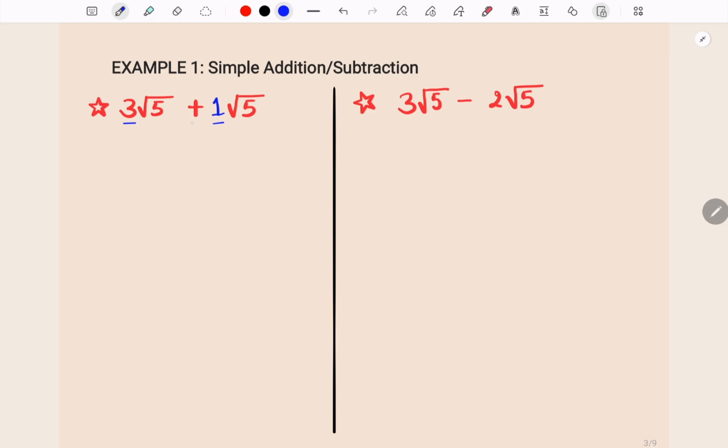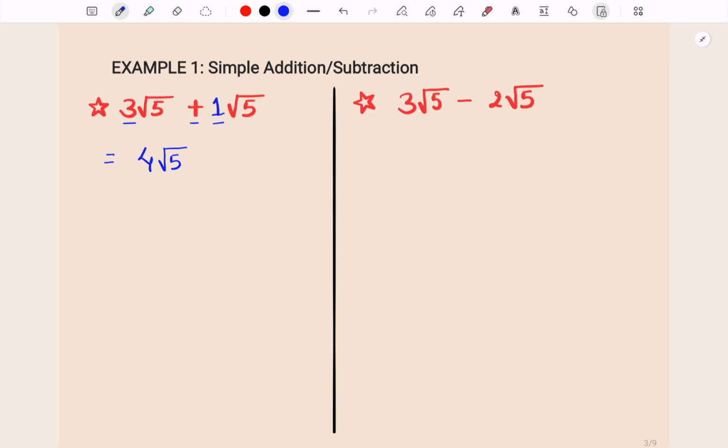Now there is a sign of addition here, so we need to add these surds. We will only operate on the coefficients. So 3 plus 1 is 4, and then we will write the surd, that is root 5. So 3 root 5 plus 1 root 5 is 4 root 5.